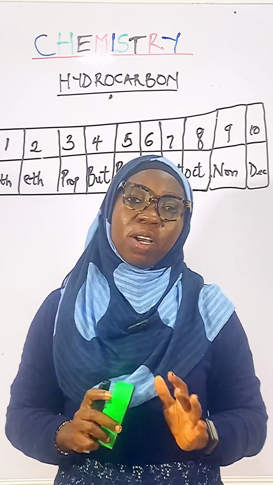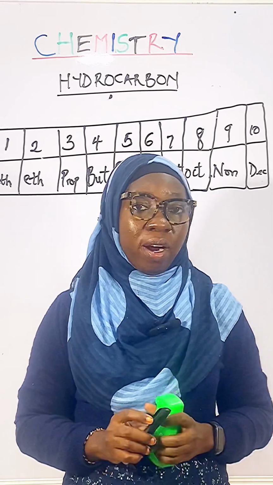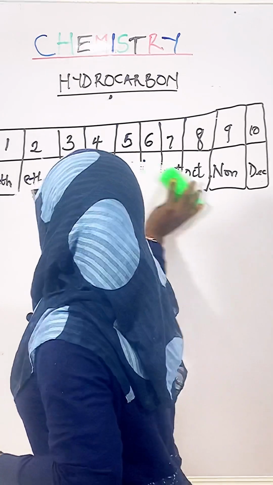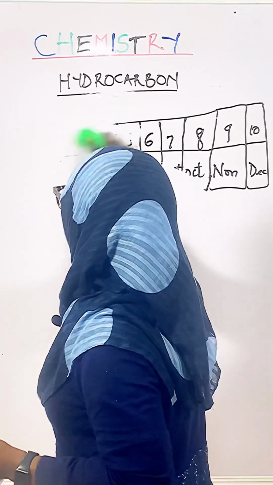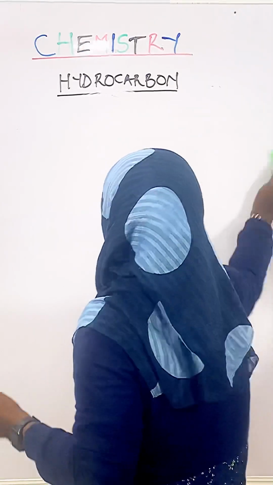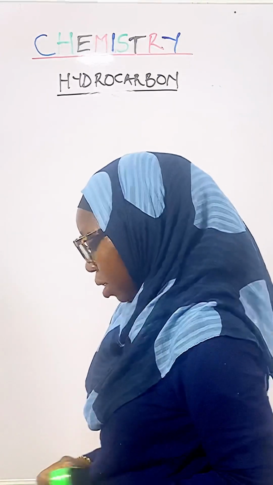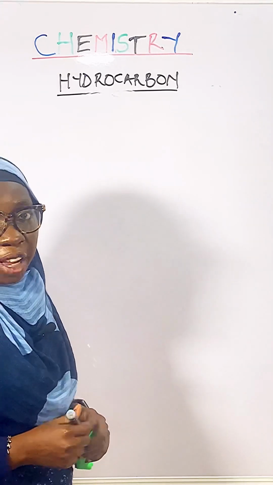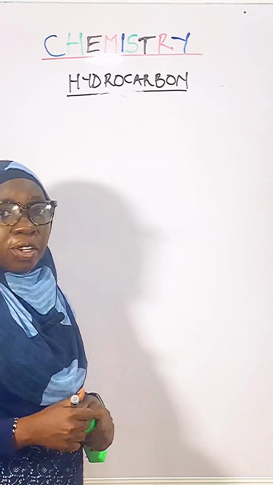Now, that will take us to what alkanes are. When we say alkane, alkanes are organic compounds that consist of carbon to hydrogen single bond. What do I mean by that? It means that in between the carbon and hydrogen in alkane, there is a single bond.